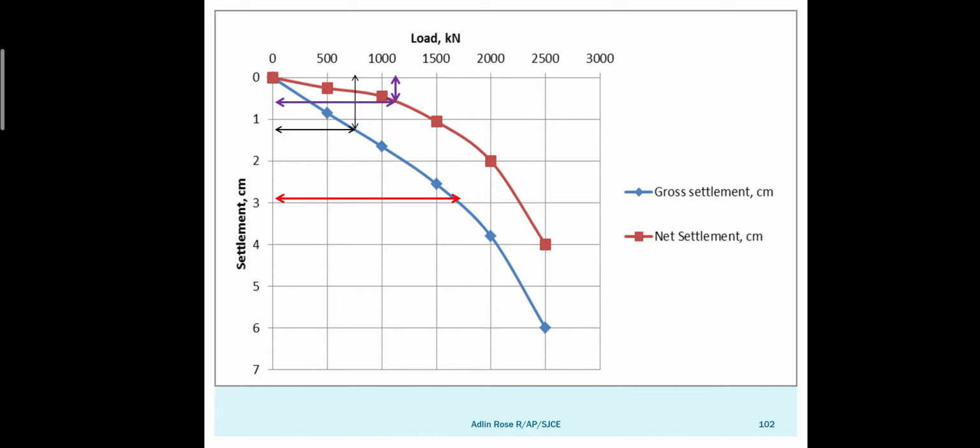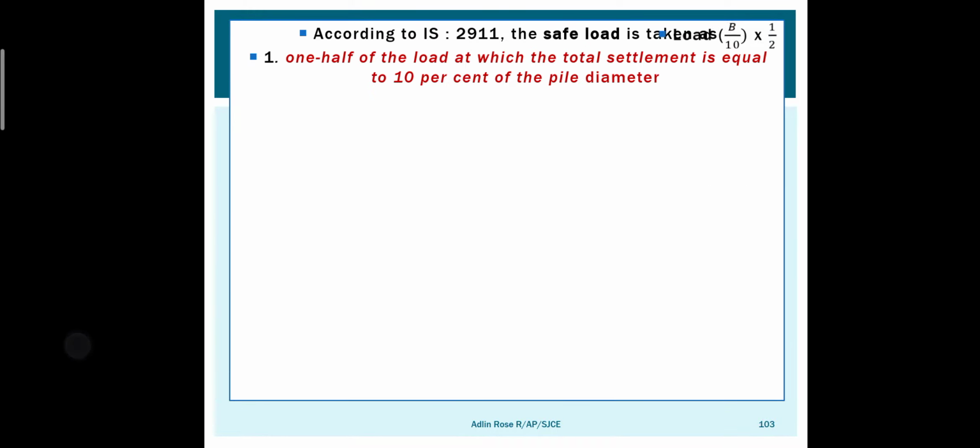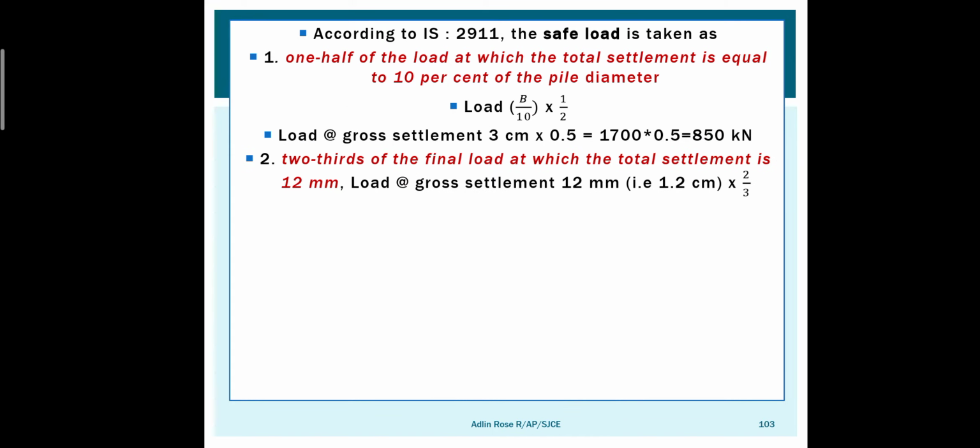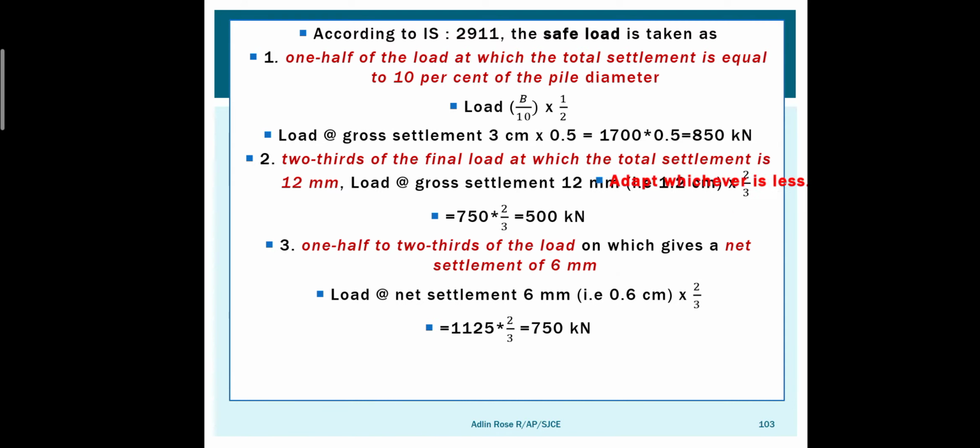So the load corresponding to a gross settlement of 3 centimeter, and the load is going to be 1700-something you got, right? Multiply by 0.5. So 1700 multiplied by 0.5. So you'll get three values and you take the less of this value, and it is 500 kilonewton.